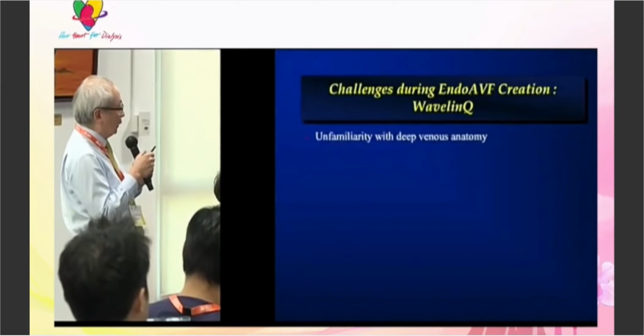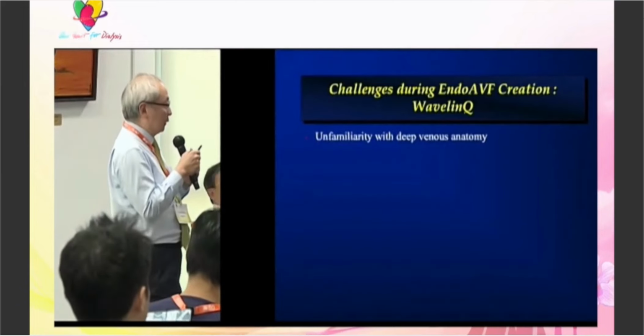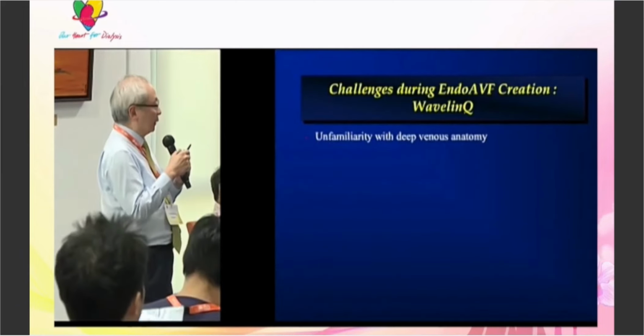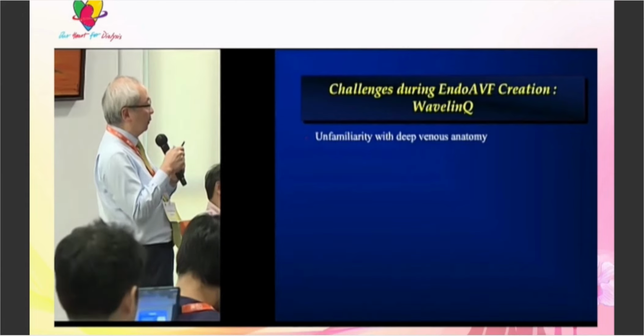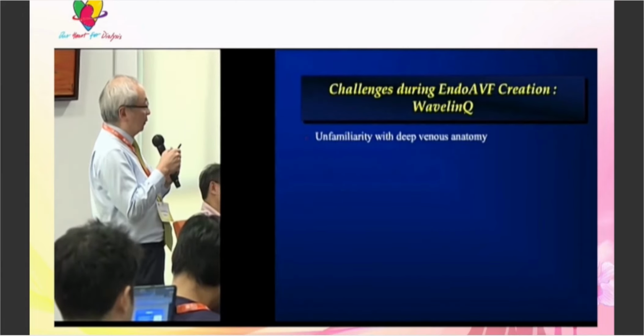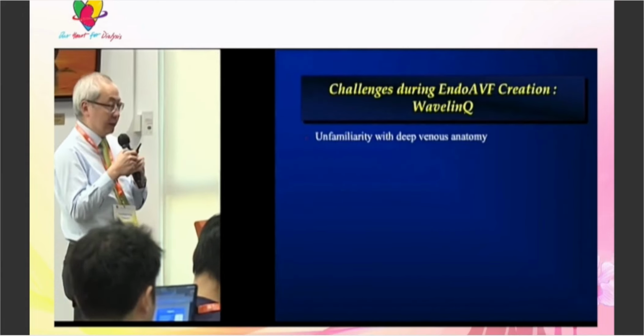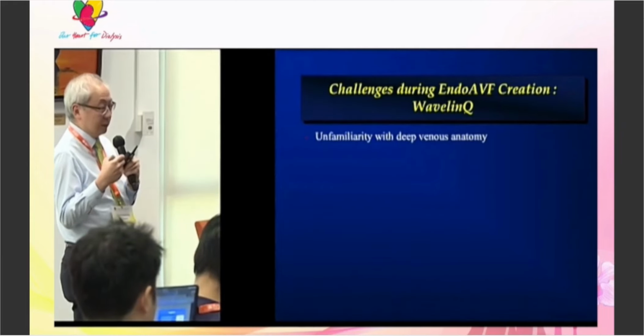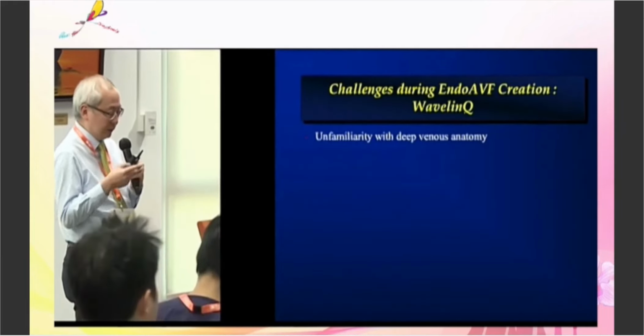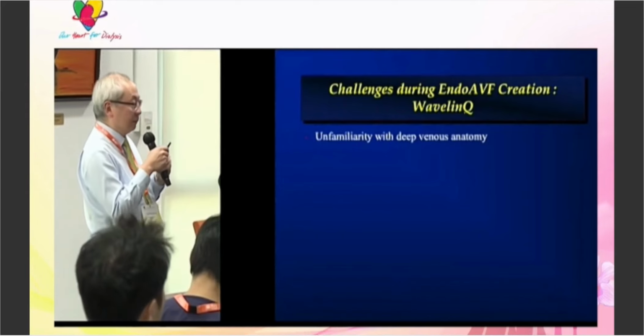So peculiar to the WavelinQ, when we started off with the WavelinQ devices and then the Ellipsys later on, I had a lot of trouble with the deep venous anatomy. I think Robert shared earlier, usually the superficial ones, we have no problem. We're familiar with all the RC, AVF, BC, BBT, no problem.